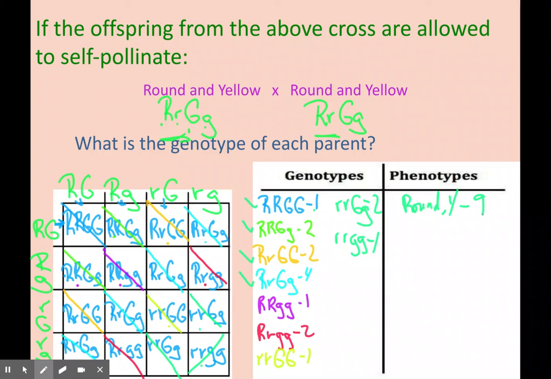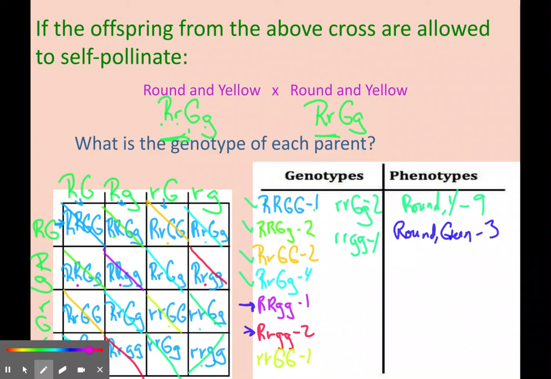Then if we look at this one, he is round and green. So round and green, this is round and green. So it looks like we've got 3 of those.